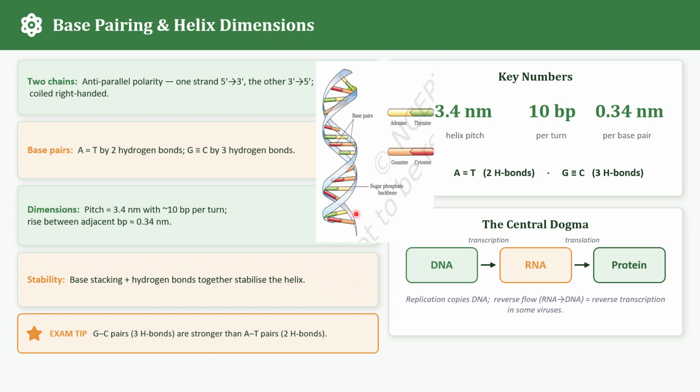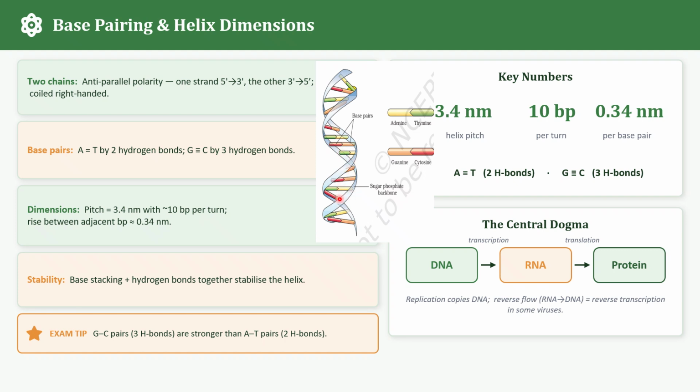The two outer ribbons you can see represent the sugar phosphate backbone, and between them are the base pairs which hold the strands together, and each complete twist of the DNA is called one turn of the helix.